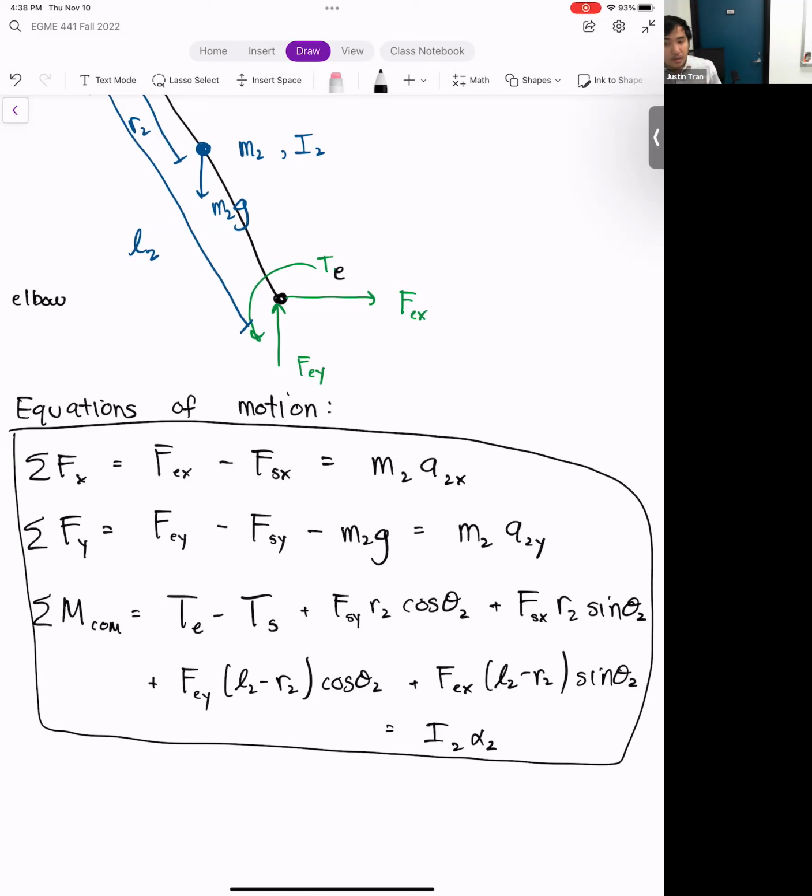And then we have the moments contributed by the elbow joint forces, FEX and FEY.